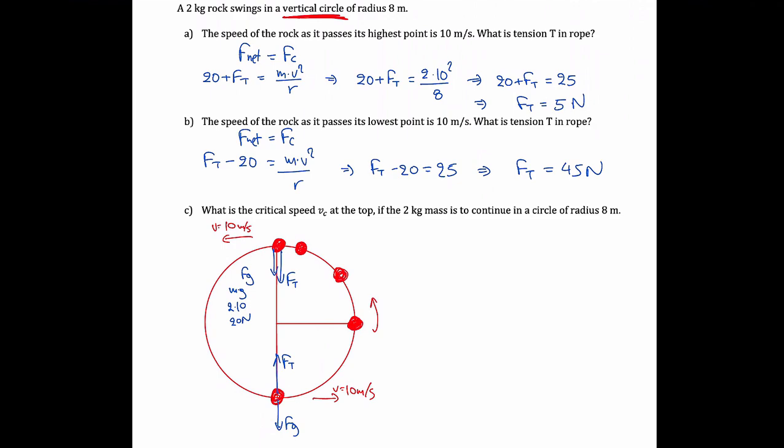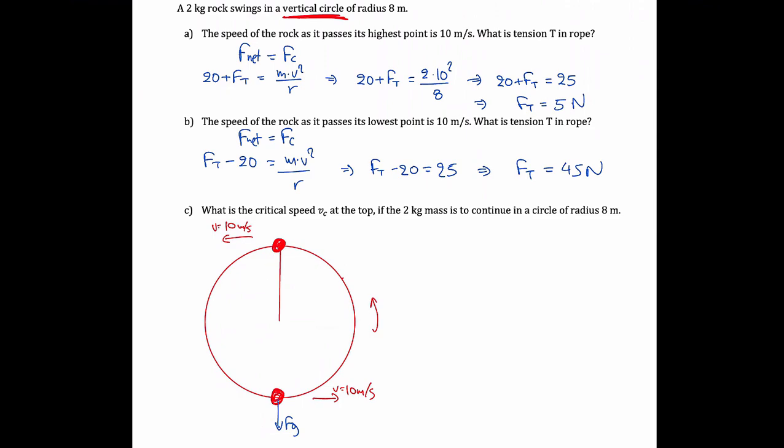And we can say that for the critical speed that will allow the object to continue on a circle, so when the object is about to pass the top location, what will be the lowest speed that will allow the rope to be straight?